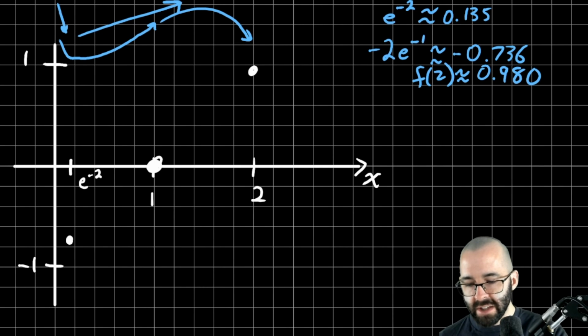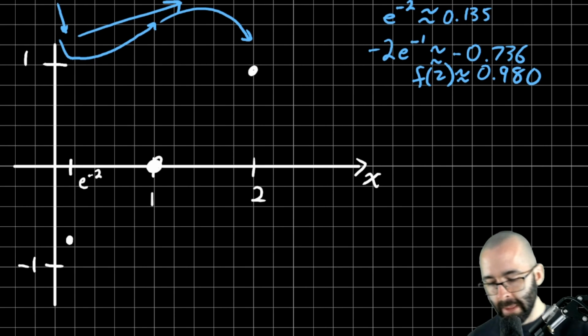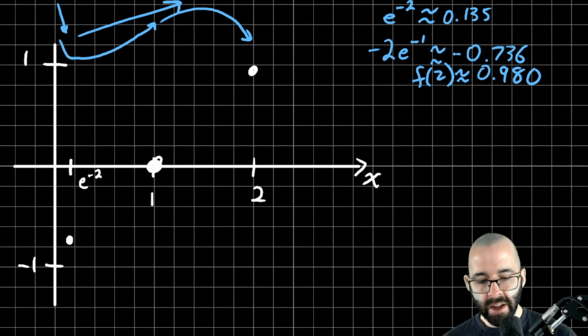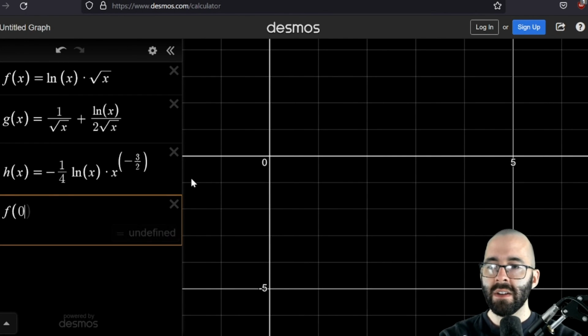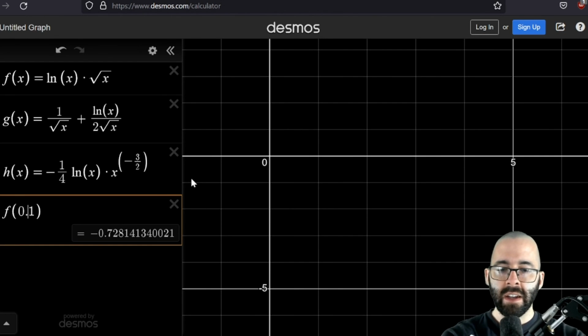So what we kind of expect things to do then is, let's look at the other endpoint, right? I plugged in 2 to get an idea of what it's doing on the right. The other end would be 0, but 0 is not part of the domain. What happens as we get really close to 0? 0.1 is about -0.7.